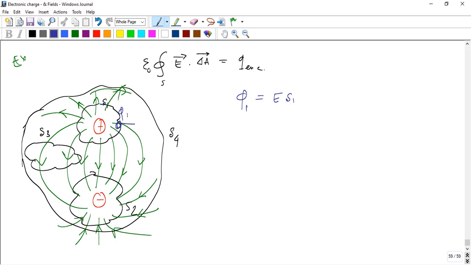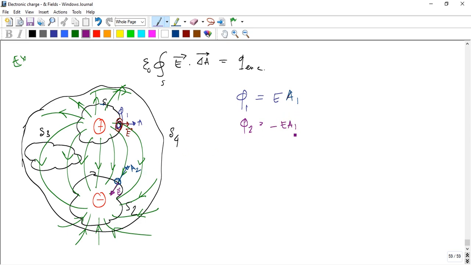The area vector and electric field are in the same direction, so E A1 and cos 0 is 1. For surface 2, the area vector and electric field are opposite, so phi 2 is cos 180, minus 1, E A1.